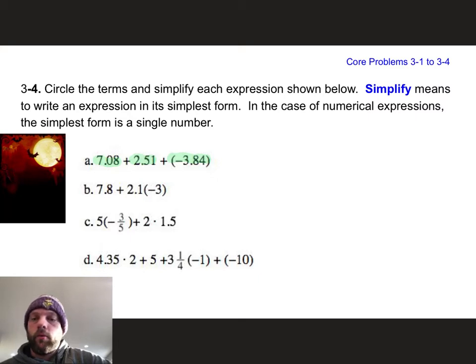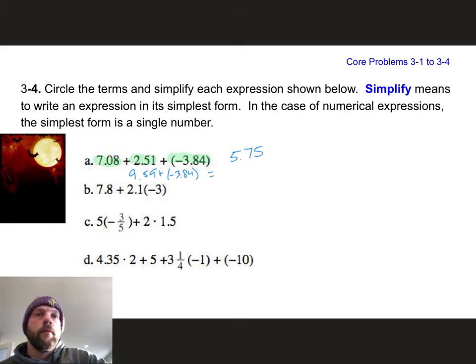So when I add 7.08 plus 2.51, that's going to give me 9.59 plus a negative 3.84. So when I combine that, I'm going to subtract those because they're different signs. That's going to give me 5.75.